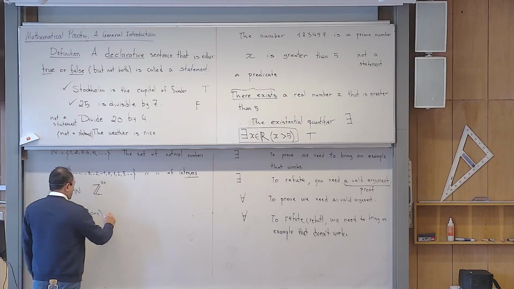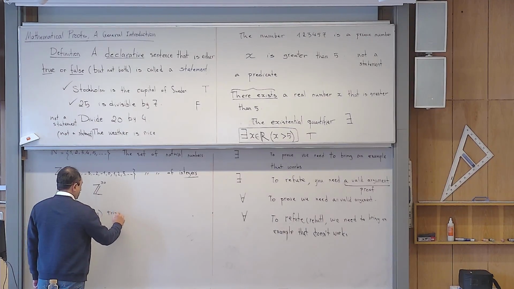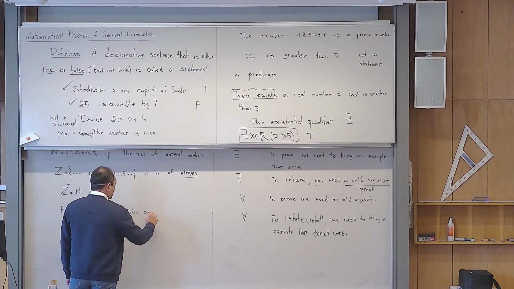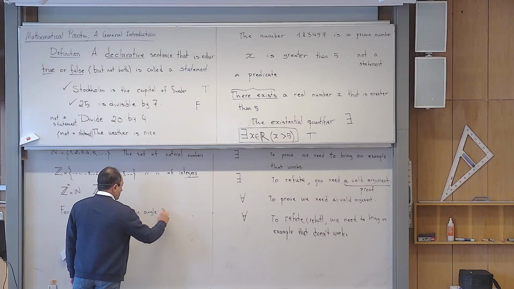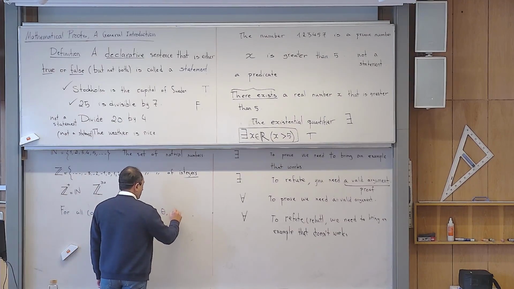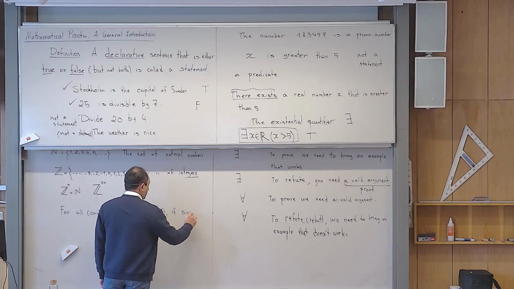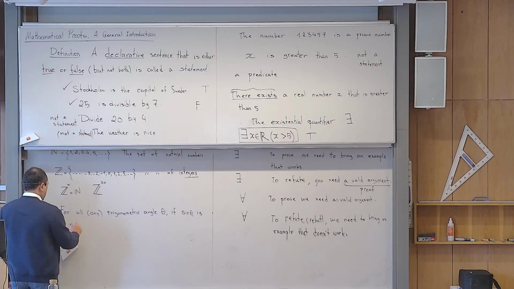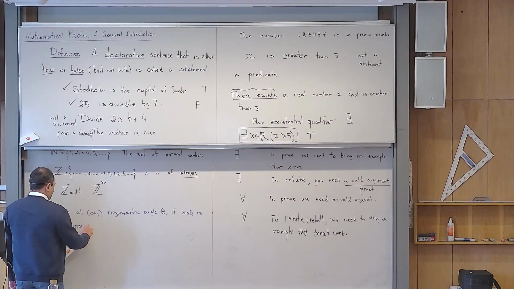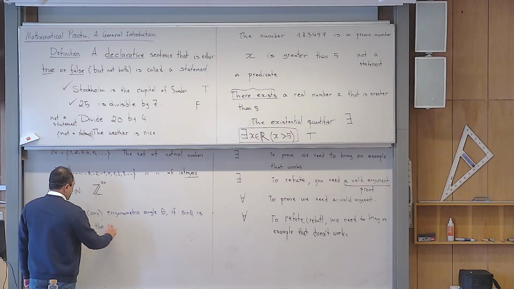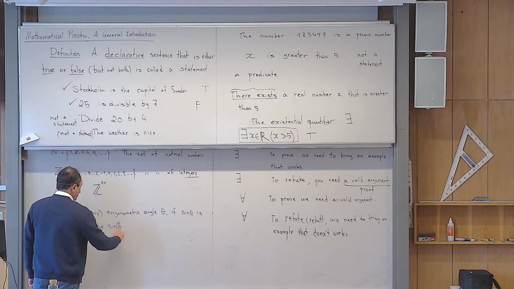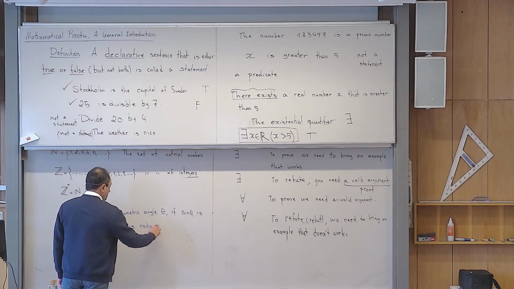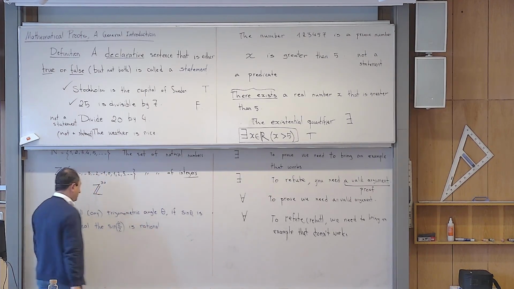For all trigonometric angles theta, if sine theta is rational, then sine theta over 2 is rational. This is also an example in the book, so I'm just using that.